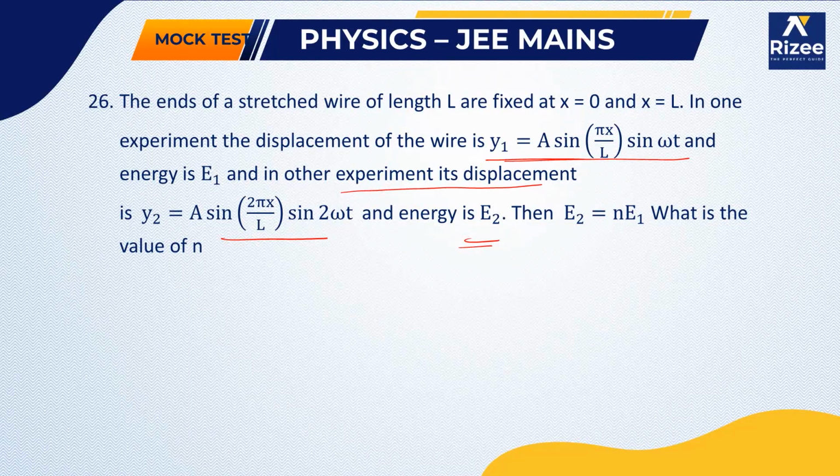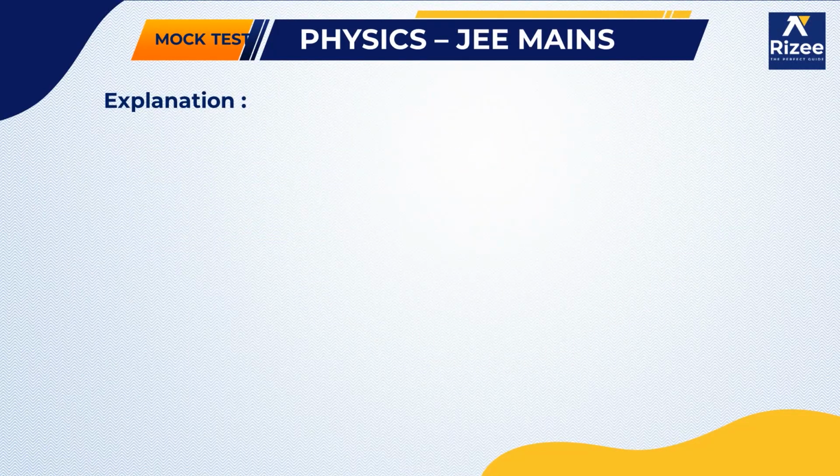So he is asking what is the relation between the energies, that is E2 to E1. As we know, what is the formula for the energy? The average energy is equal to half mu omega square a square dx. From this, energy is directly proportional to the square of the amplitude.